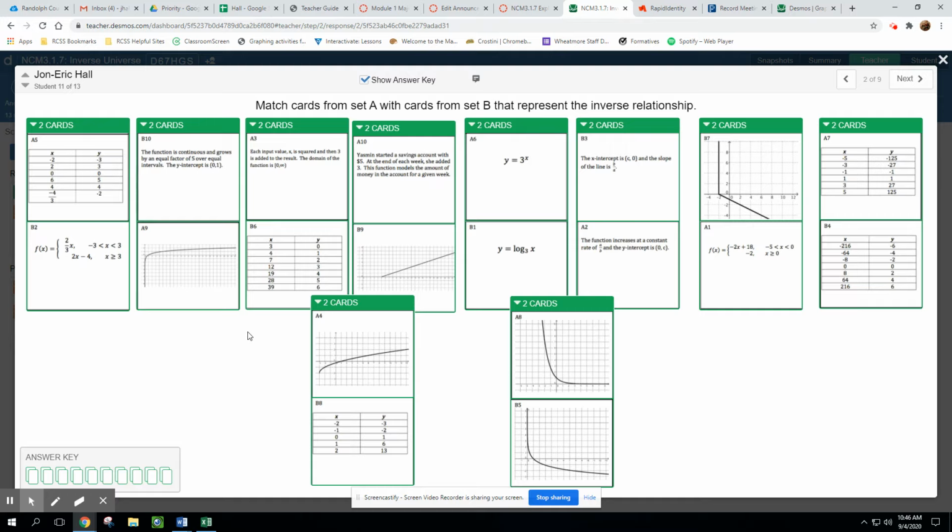And again, inverse just means switch your X and your Y and either solve for it, like you saw me do earlier, or flip the X and the Y in the table and go from there. A big one right here is these two, A7 and B4.